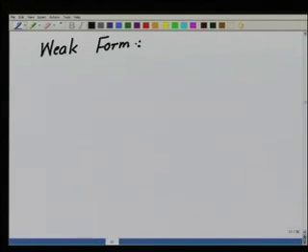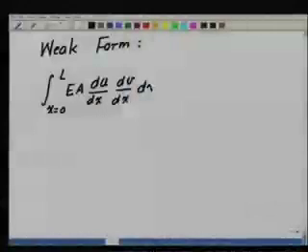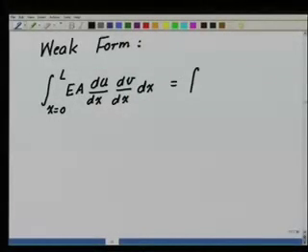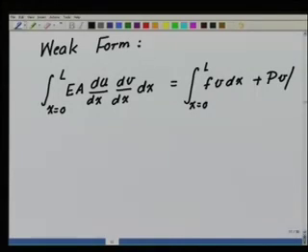For the problem that we have taken, the weak form is very easy. It is the integral from x equal to 0 to L of EA du dx dv dx dx equals the integral of fv dx plus c into v evaluated at L.